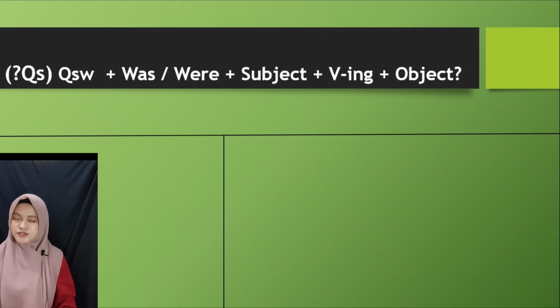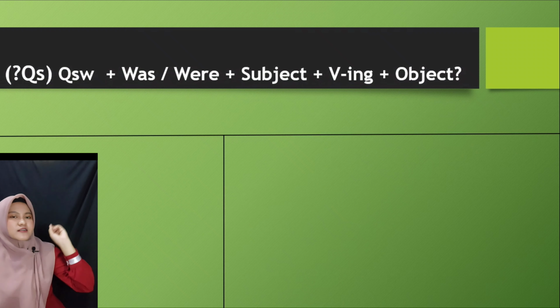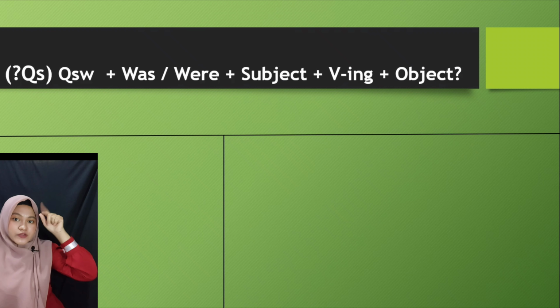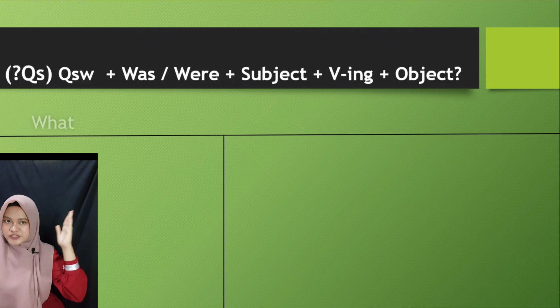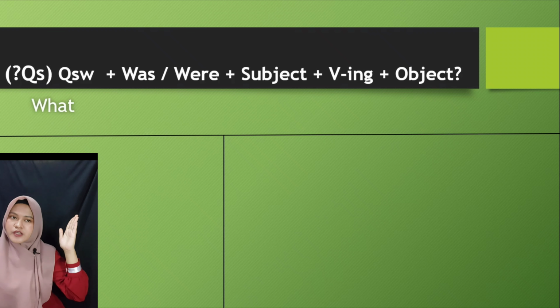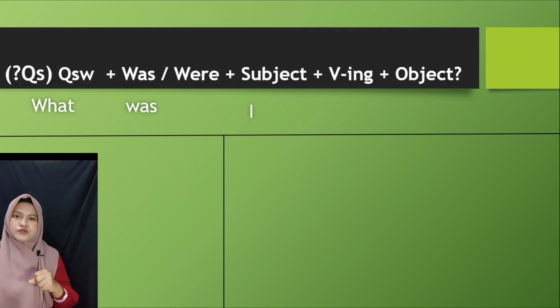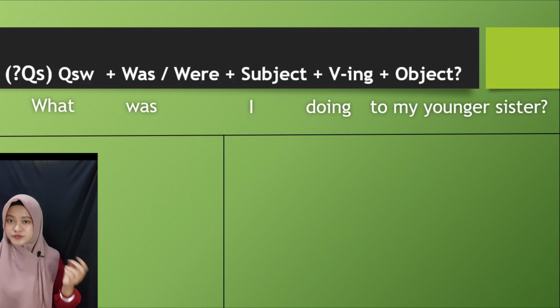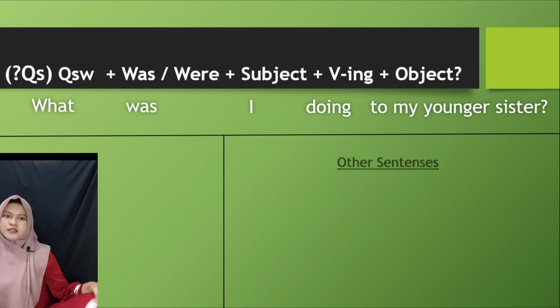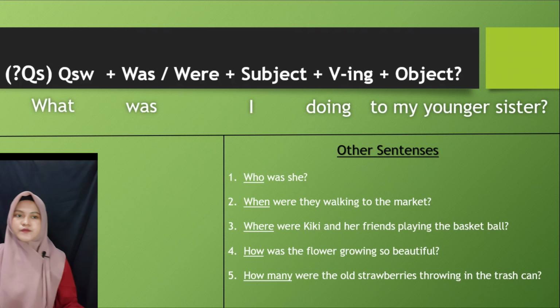Okay, for the question word, here the pattern is first the question word, then the auxiliary, of course was or were, subject, verb ing, then object. I use a question word: what was I doing to my younger sister? I have many other sentences.